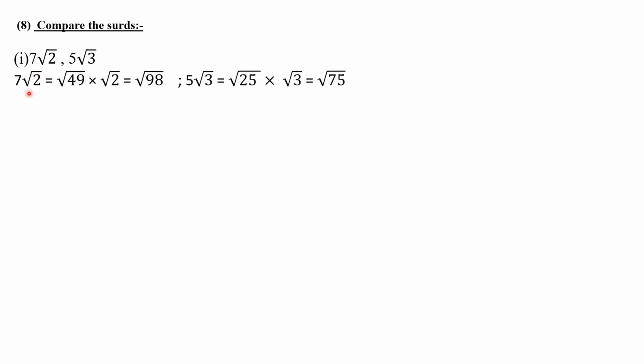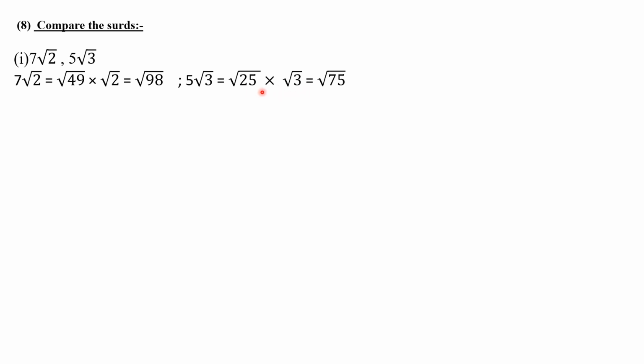So I'll write 7 root 2 equals, if I take 7 inside the radicand, inside the root it will become 49 into root 2 as it is. Now you can multiply 49 into 2, that is total it will become 98. Means 7 into root 2 can be written as under root 98. 5 into root 3, I can write 5 as root 25 into root 3 as it is.